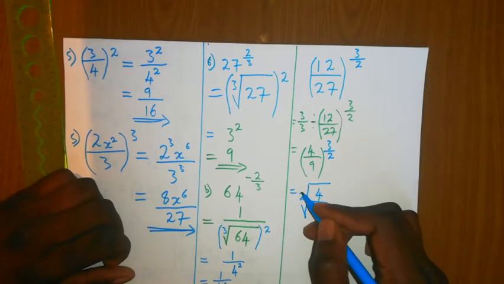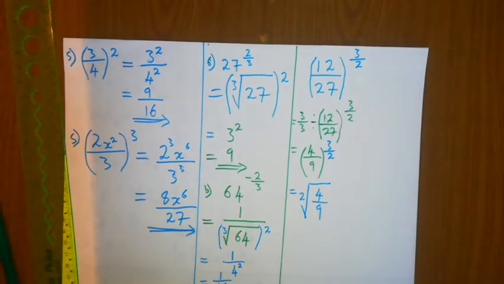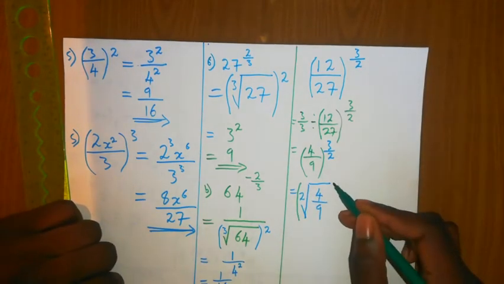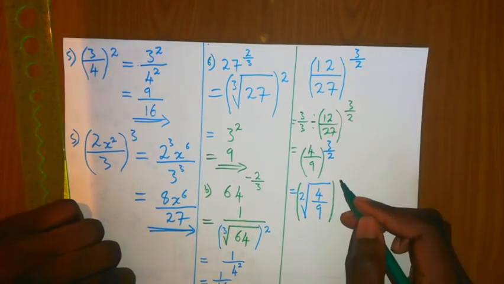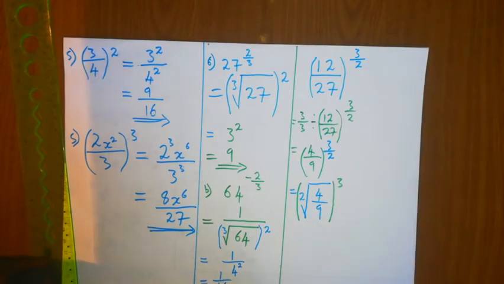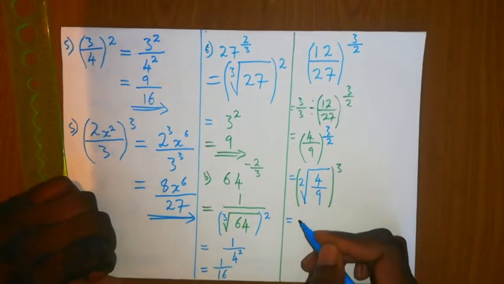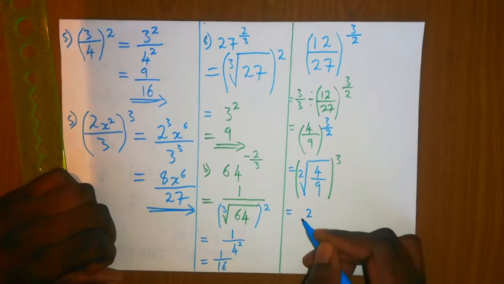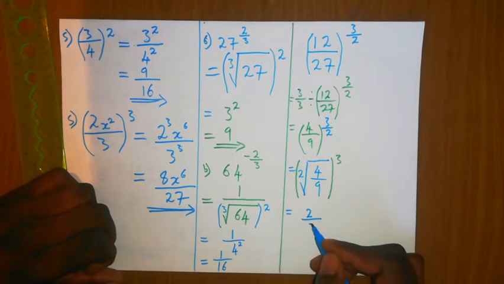Then second root. Then I put my brackets and my power like this, that's a 3. Then I'm going to continue here. I'm going to deal with them one by one. So it's going to be equal to second root of 4, that's a 2, over second root of 9, that's a 3.